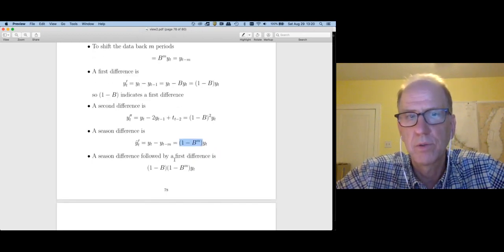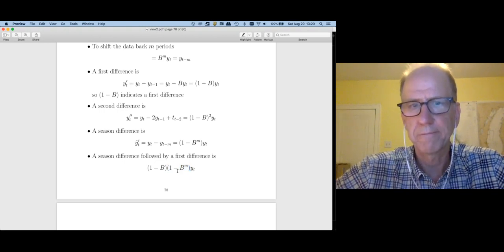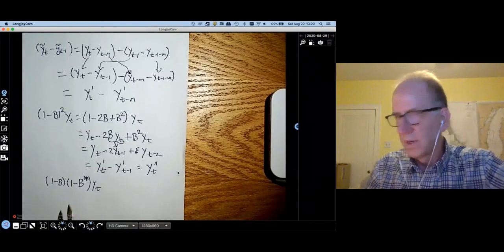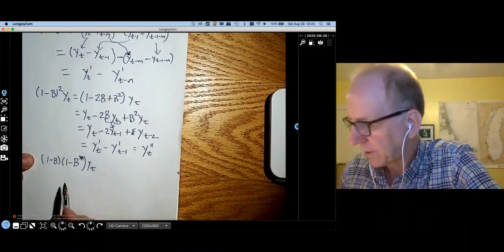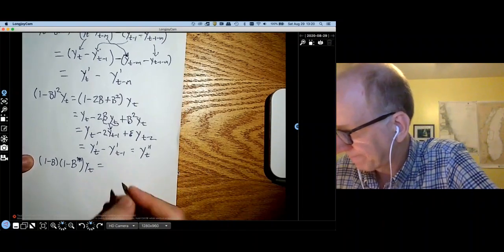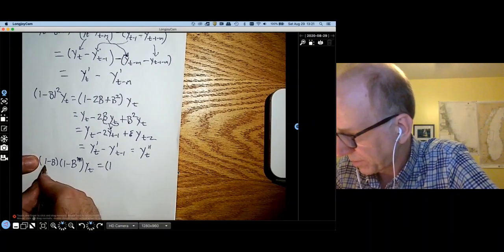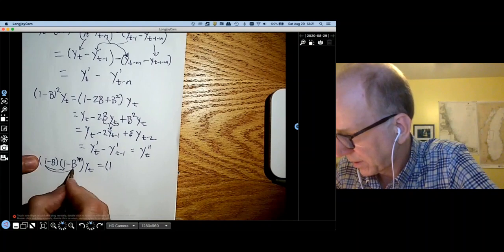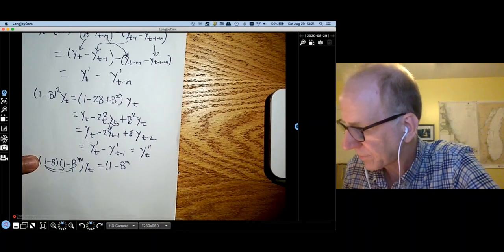If we wanted to do some sort of a combination between first order difference and a seasonal difference, this is the way we would write it. So let's go over to the document camera, and what I'd like to do is work this out. So this is going to be 1, so multiply this times this, and then minus B to the m.